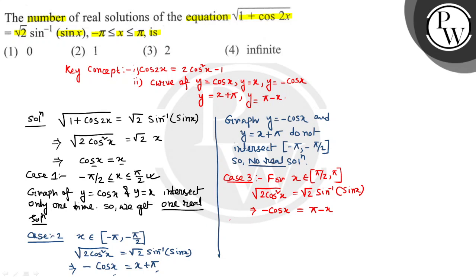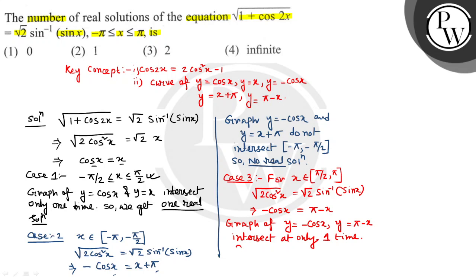So again, the graphs of y equals minus cos x and y equals pi minus x intersect at only one point. If you draw the curve, you see they intersect only one time.